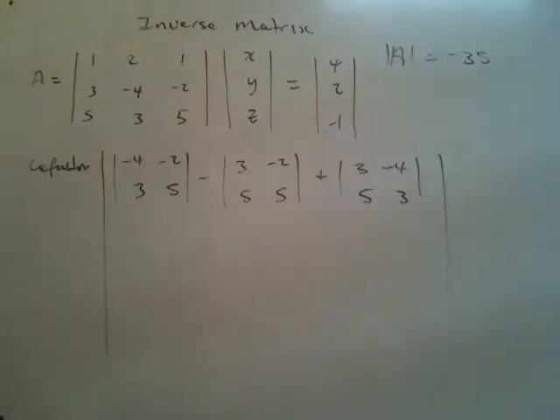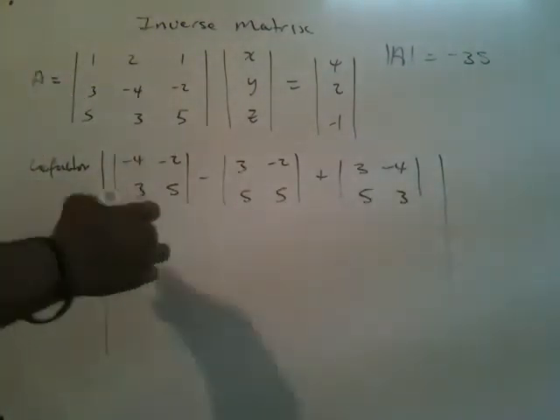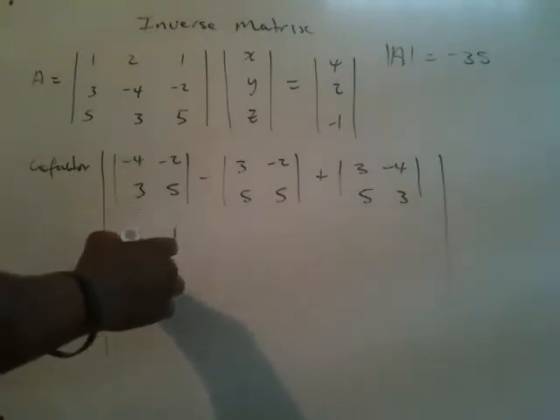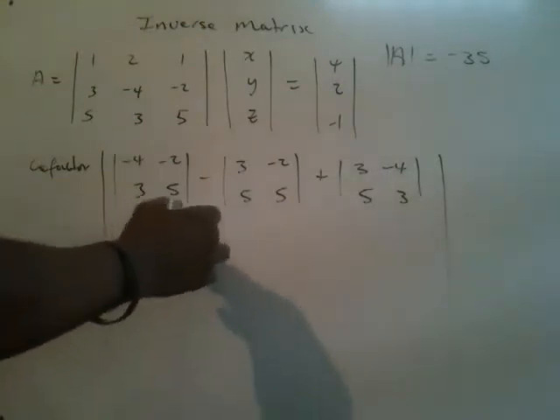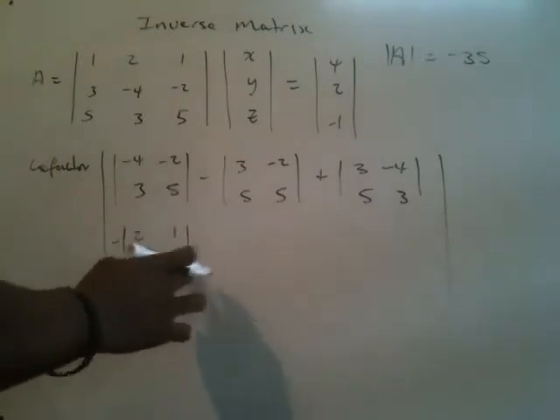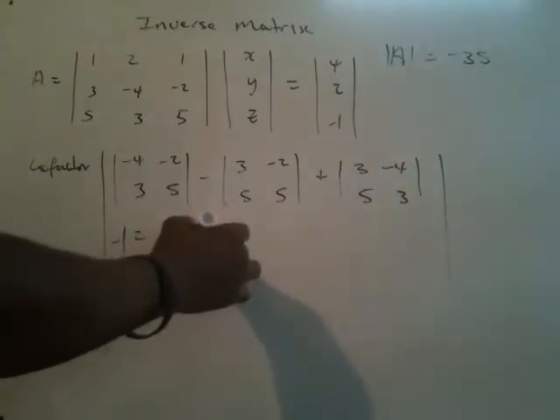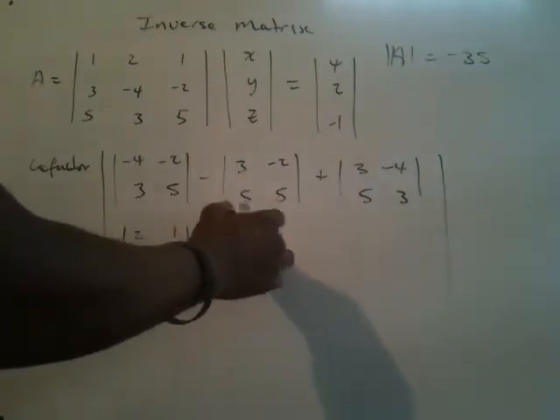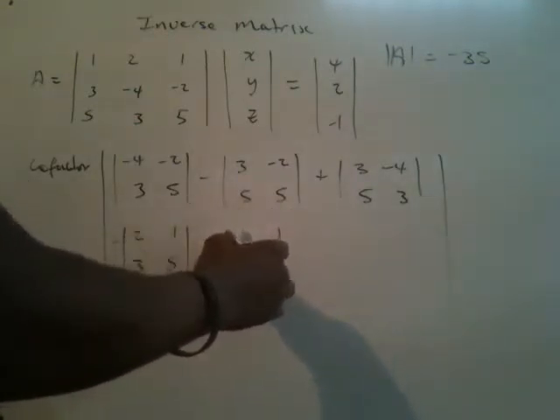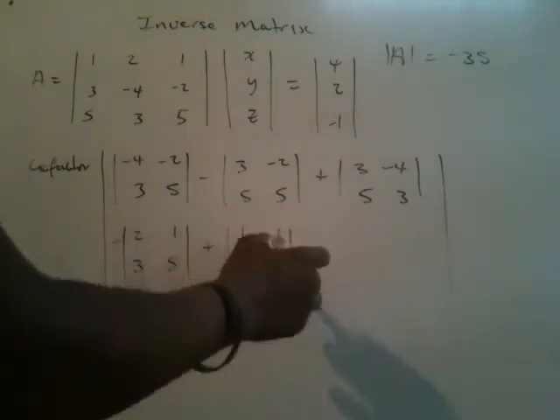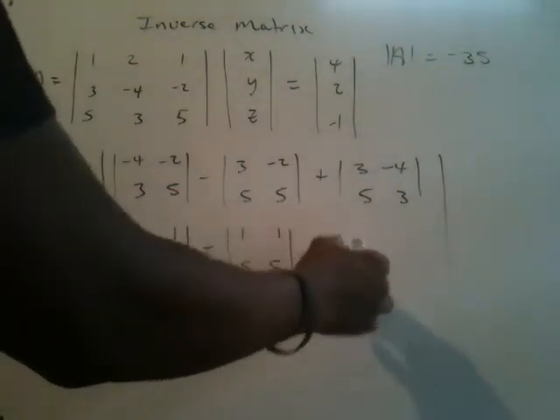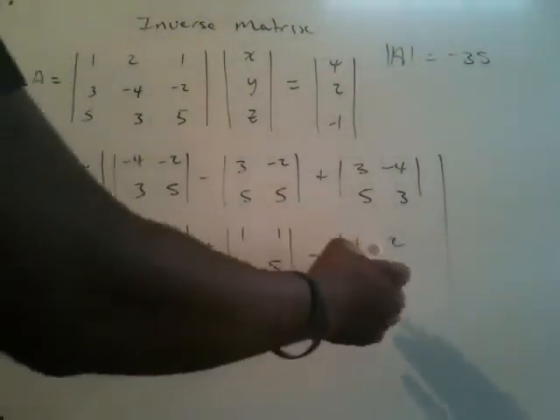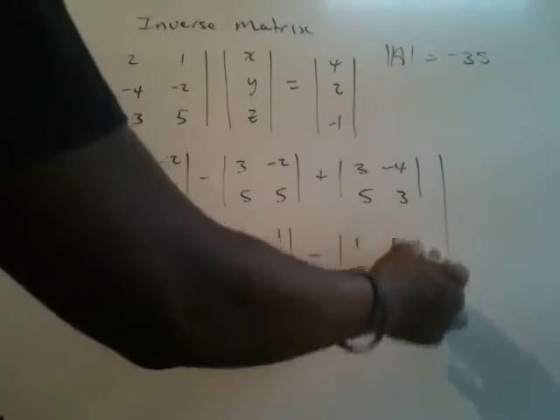We do that for the next element, number 3, which has -2, 1, 3, 5, and the next element -4, which has a positive sign, and this is 1, 1, 5, 5. And the next element, with the minus sign, we have 1, 2, 5, 3.